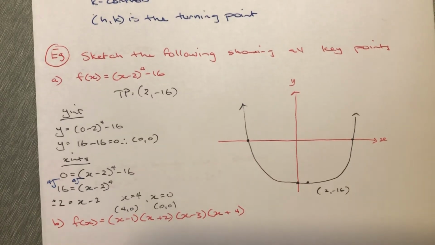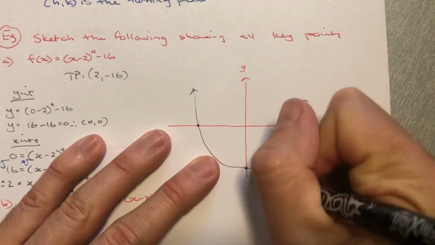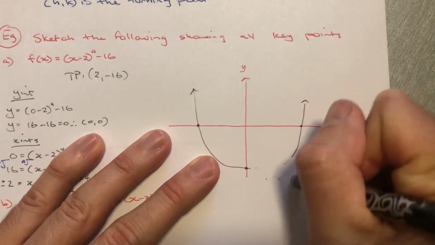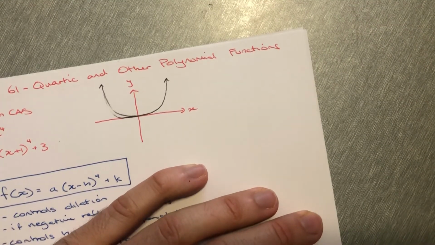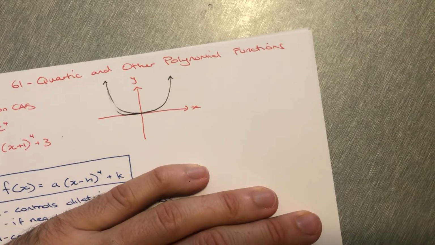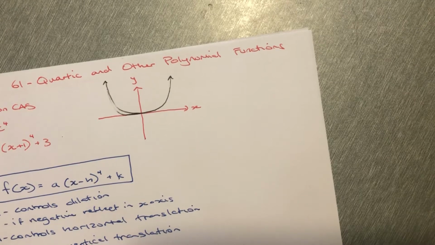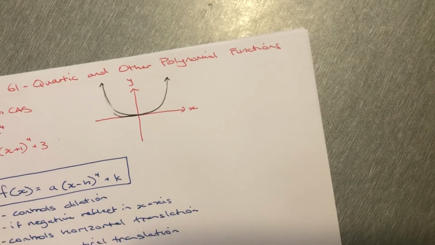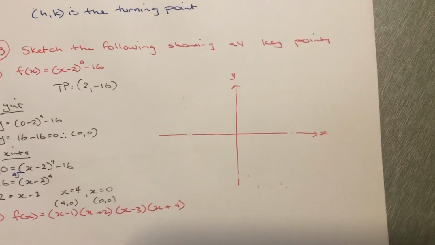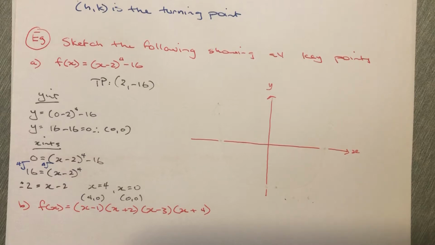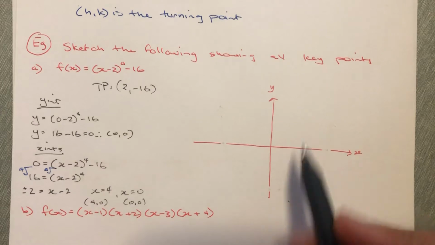Alright, so let me get rid of this dodgy graph that I drew before, and then we'll fix it up. Alright, let's do a better job of putting those points in. So I have my turning point at 2 and minus 16.